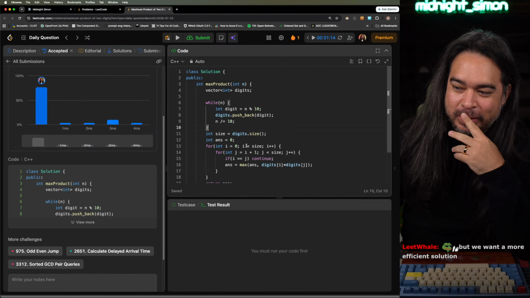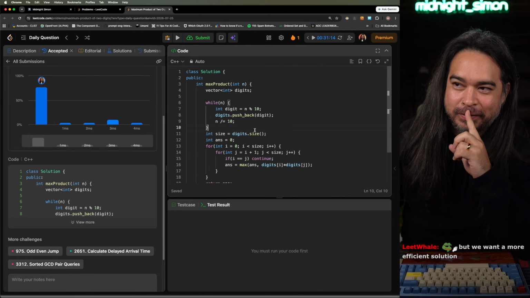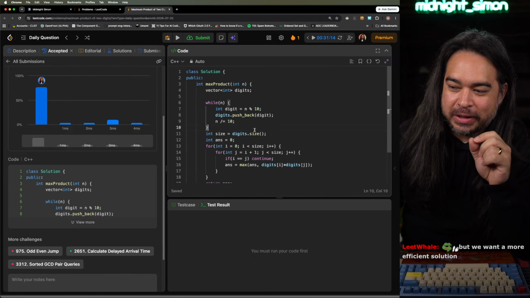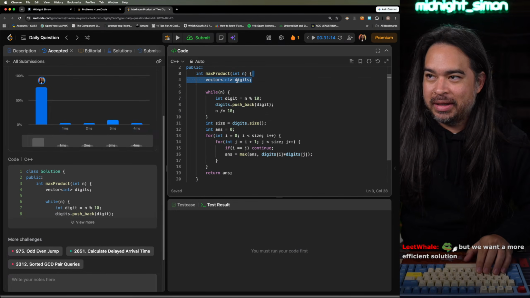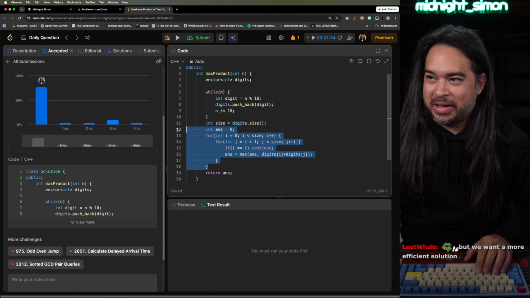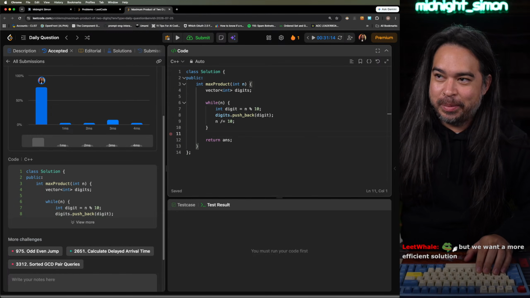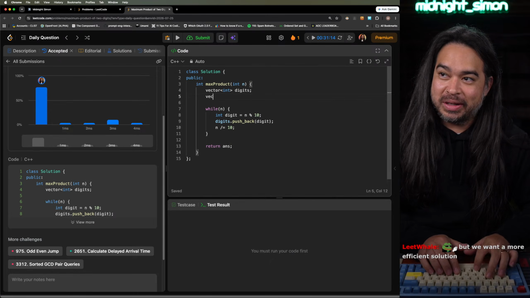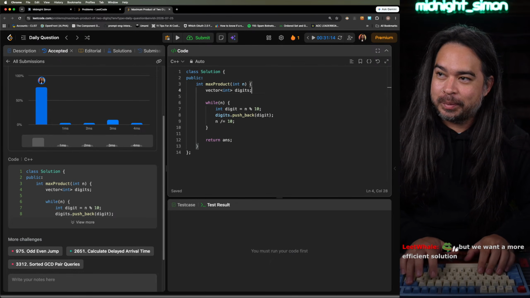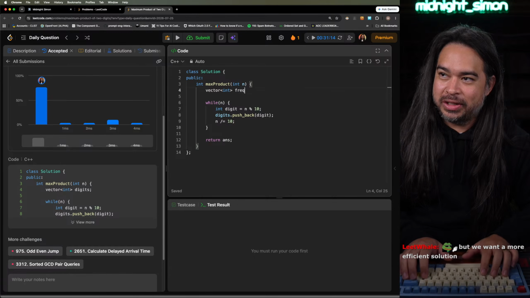I guess what we could do, if we wanted more efficient, instead of doing this crazy stuff, maybe I can do a frequency count of the digits.